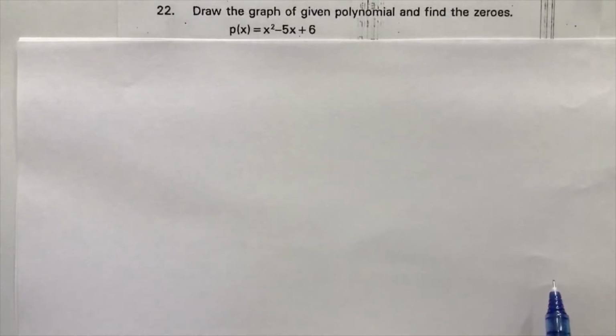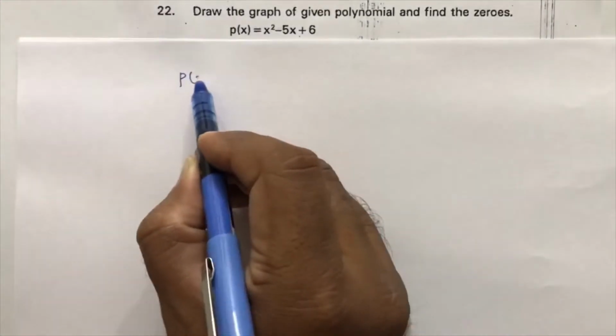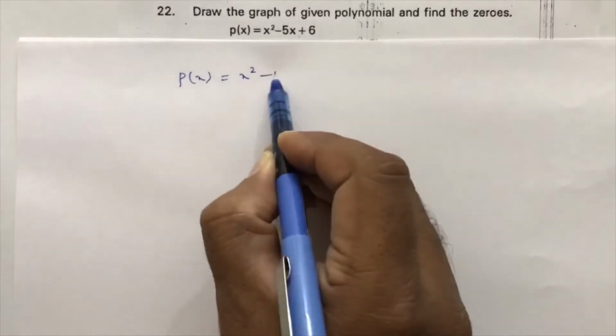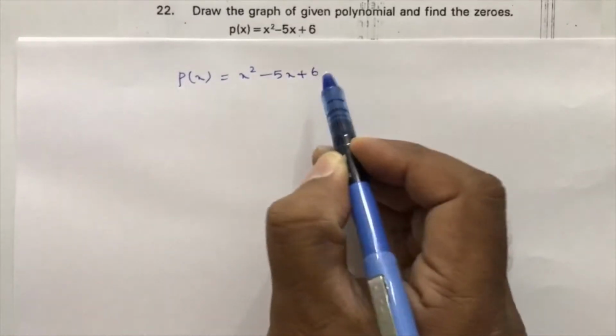Draw the graph of the polynomial p of x equals x square minus 5x plus 6.